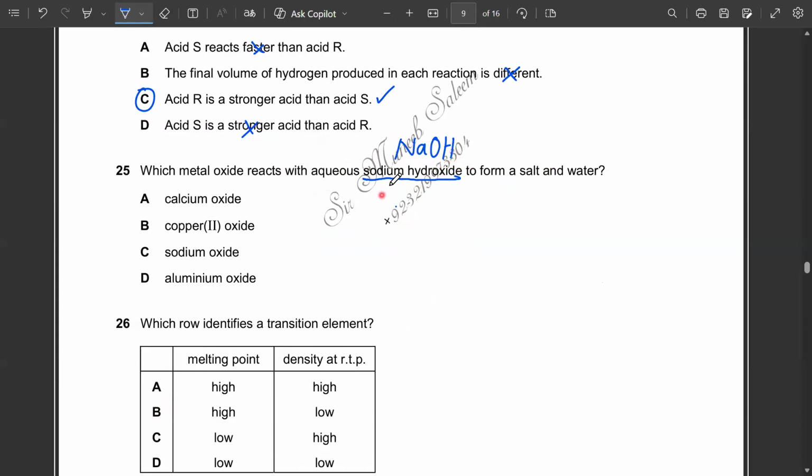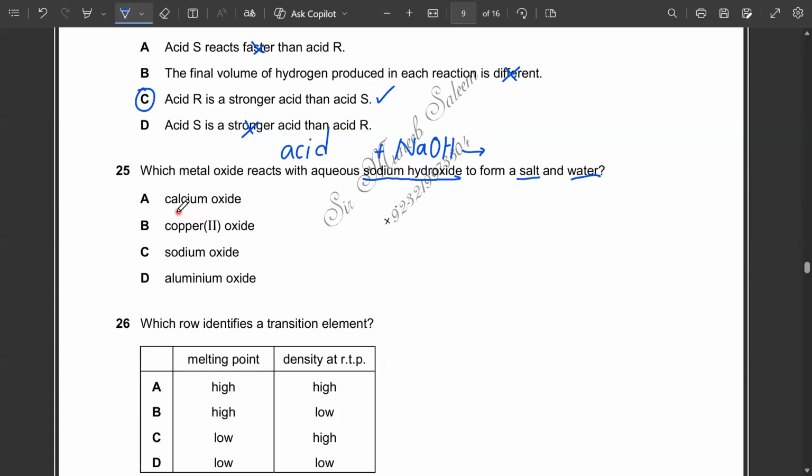You can either say alkali or base. So it's a strong alkali, and if it has to produce salt and water, it must react with the acid.